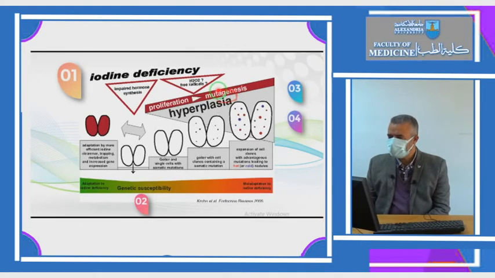So mutagenesis will lead to two types of mutations. The first mutation is an activating mutation, where these cells acquire the ability or the autonomy to produce thyroid hormones independent from TSH stimulation, which are called hot nodules. And the other type would be dedifferentiation genetic mutations, which will lead to hypofunctioning thyroid nodules.